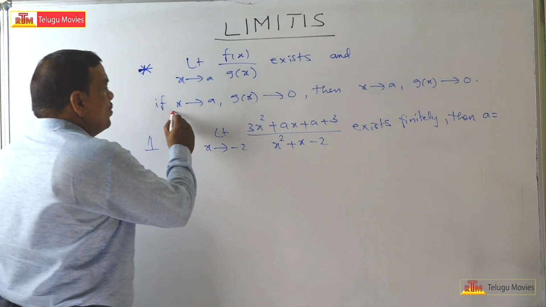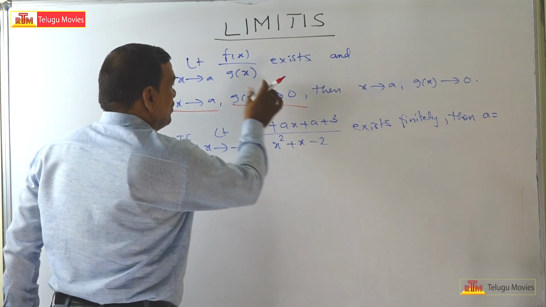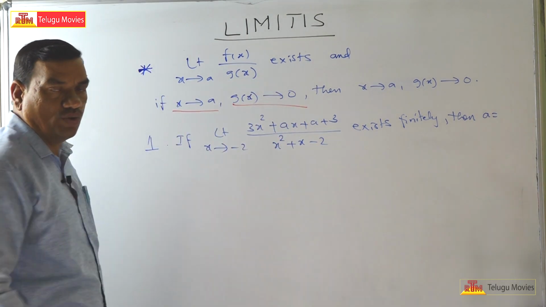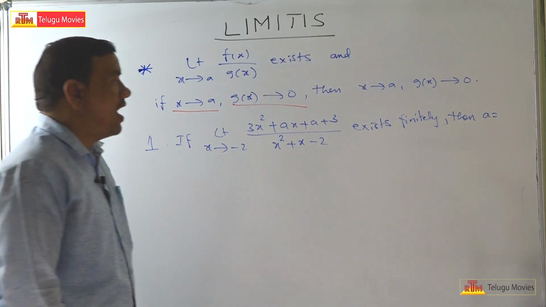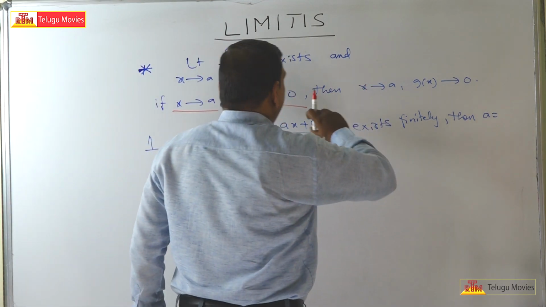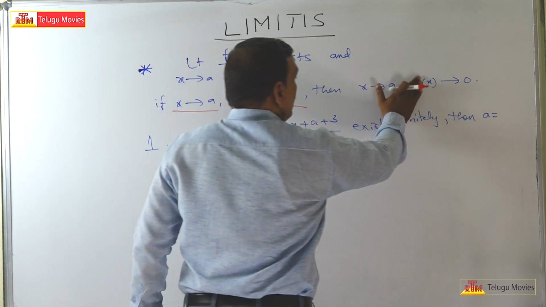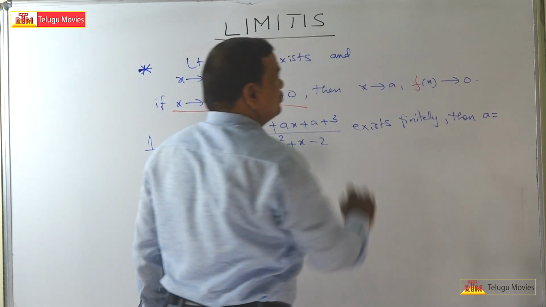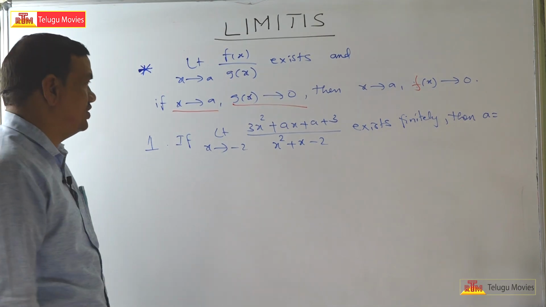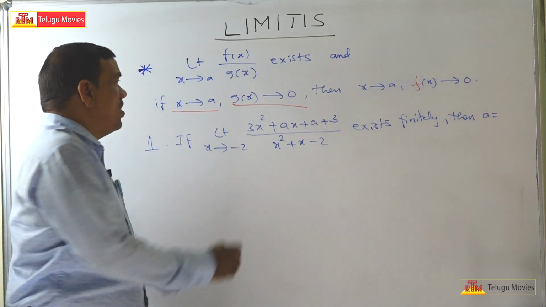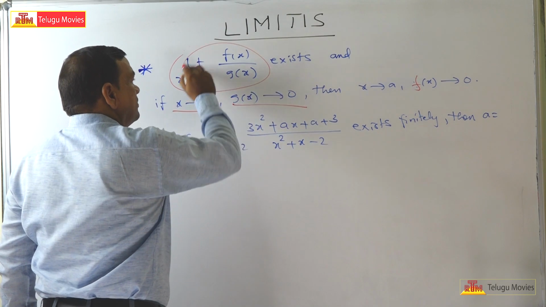As x approaches a, if the denominator g of x approaches 0, then the numerator f of x also approaches 0. First of all, this limit exists.